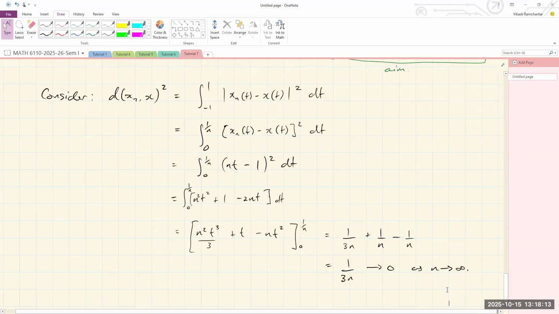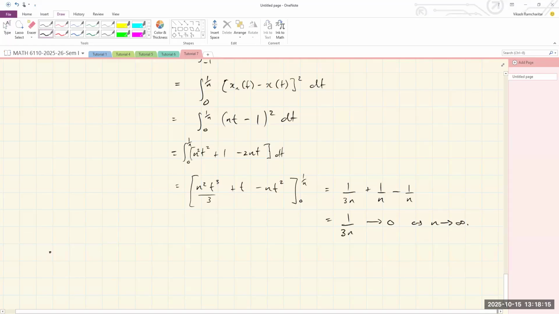Okay, so therefore, we have shown that the distance between the terms in my sequence, these functions xn and this limit function x, squared, goes to 0 as n goes to infinity, right?